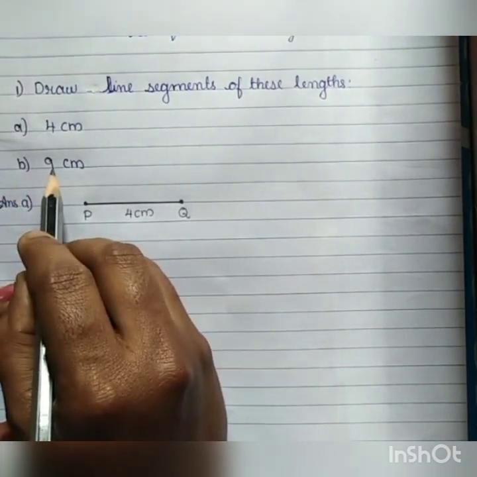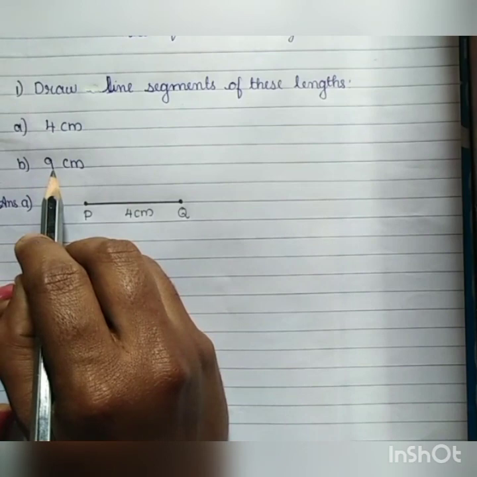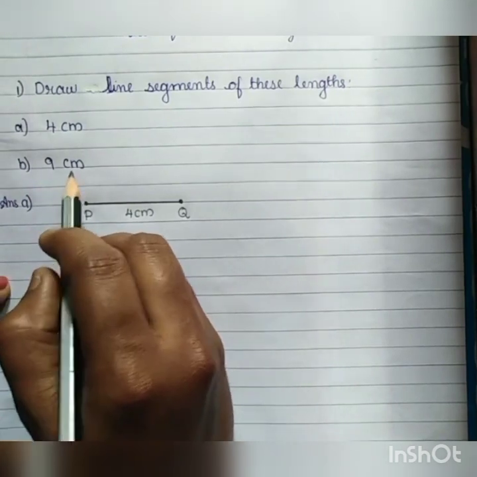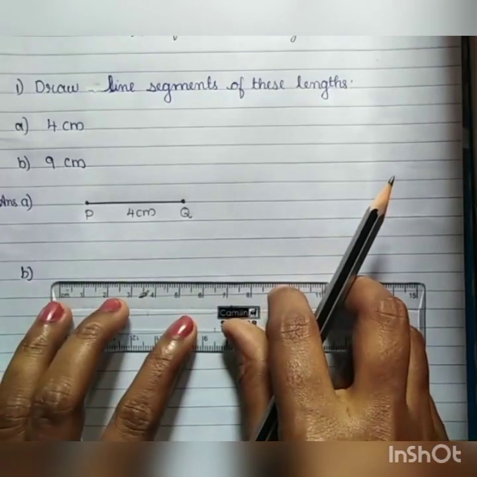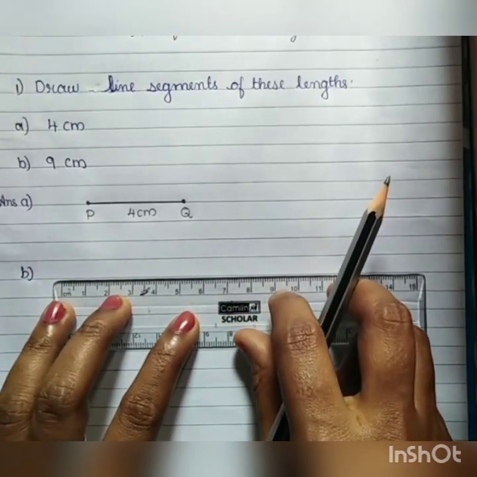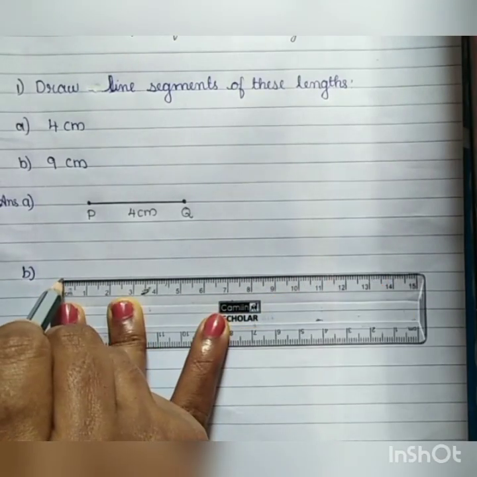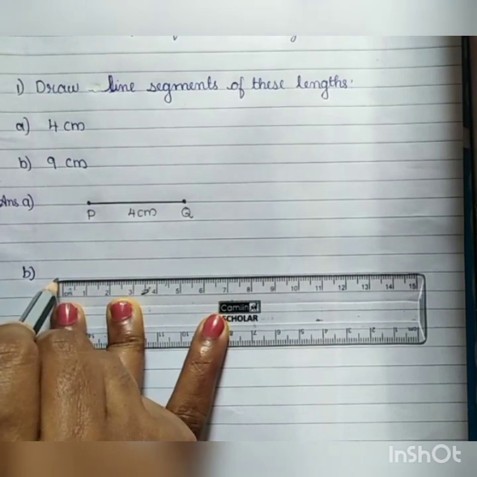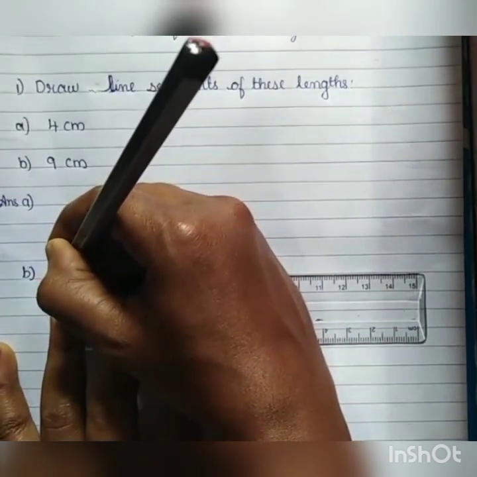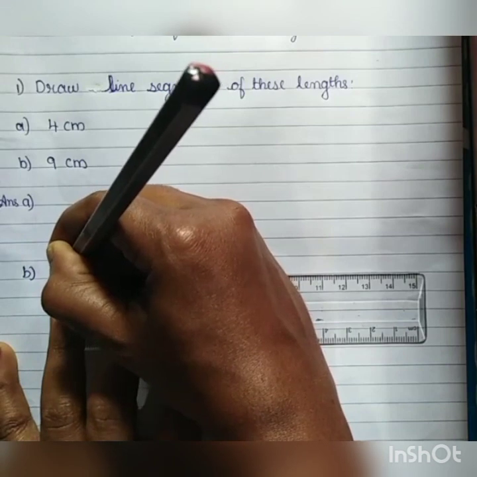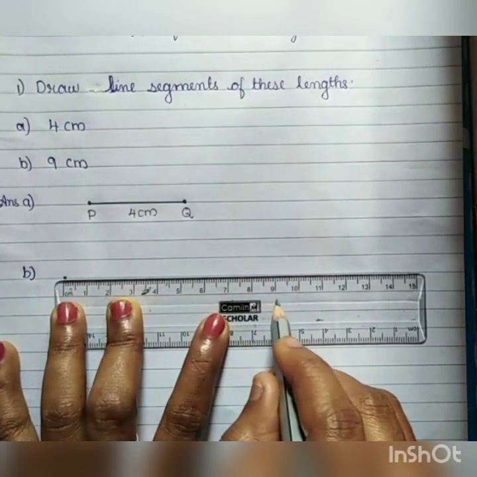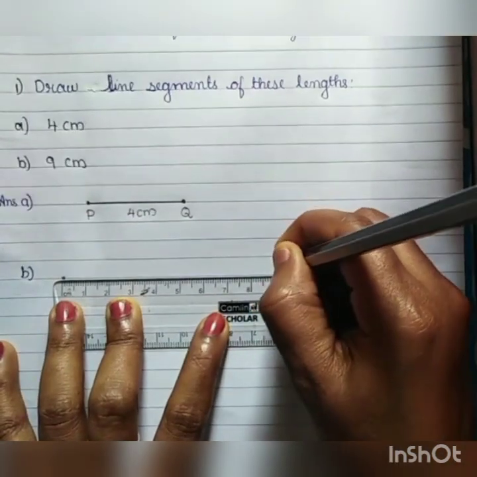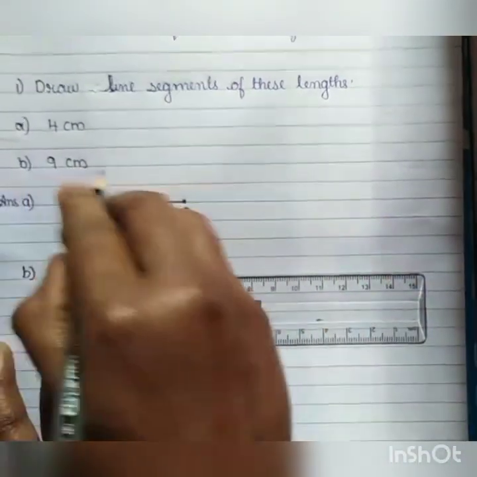Let's do the next question. Question number B. Here we have to draw line segment of length 9 cm. For that, first we have to fix the ruler on the page. Then at the point showing 0 on the ruler, we have to mark our first endpoint. So this is our first endpoint. Next, without moving the ruler, we have to mark the number. Here it is 9 cm.